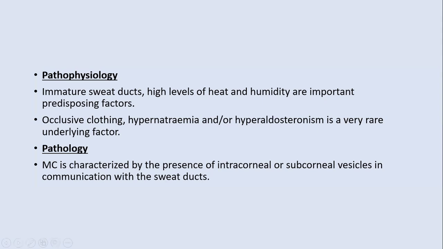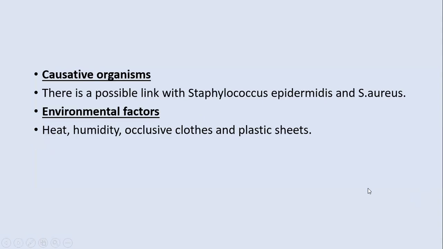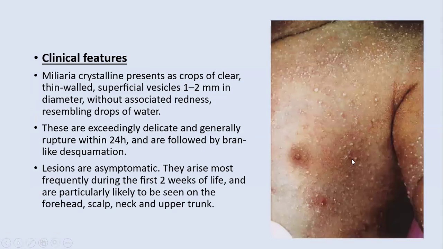Miliaria crystallina is characterized by the presence of intracorneal or subcorneal vesicles in communication with the sweat ducts. Sometimes it is infected by Staph epidermidis or Staph aureus, and the environmental predisposing factors, as already mentioned, are heat, humidity, occlusive clothing, and plastic sheets wrapped around the baby.